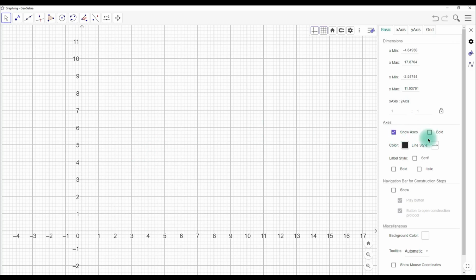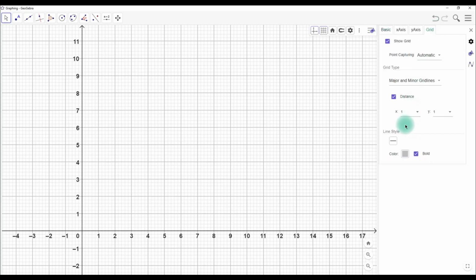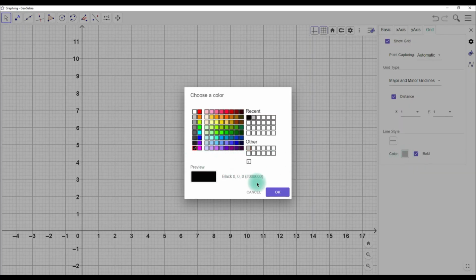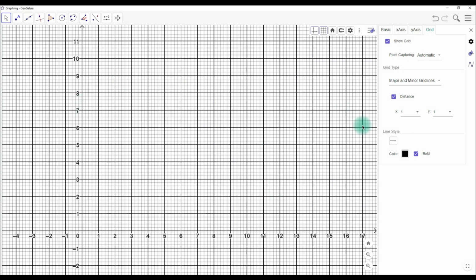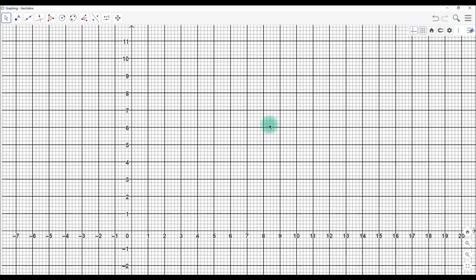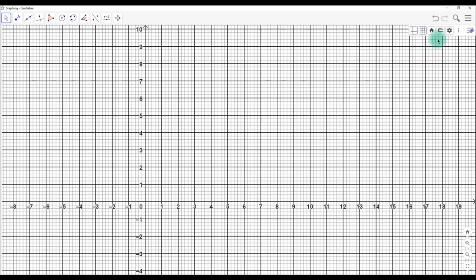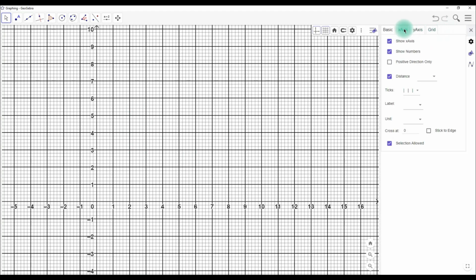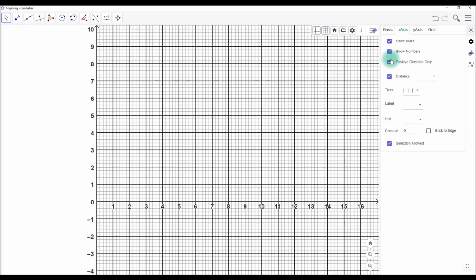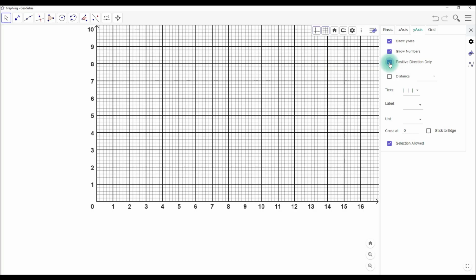From there I can make the axes bold. Then I go to the grid and make it more black, so I select black preview and click. I think that now is better. I consider only the positive values of the x-axis, and for the y-axis only the positive direction.